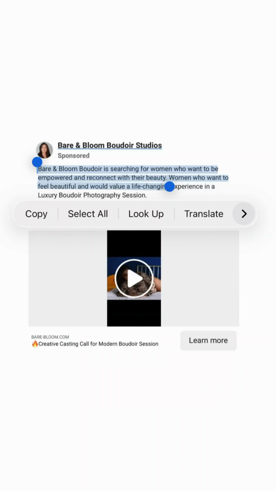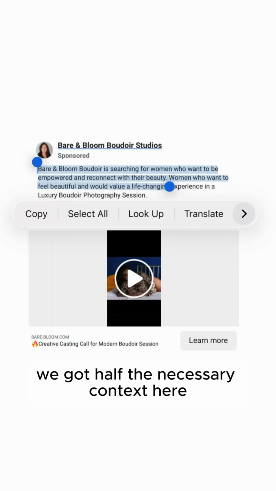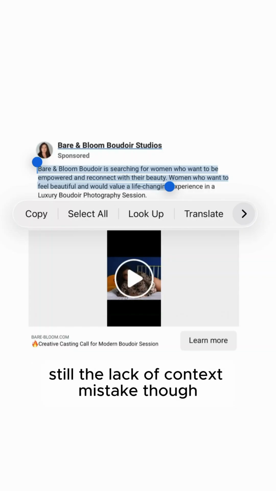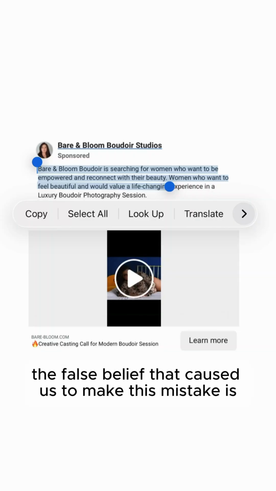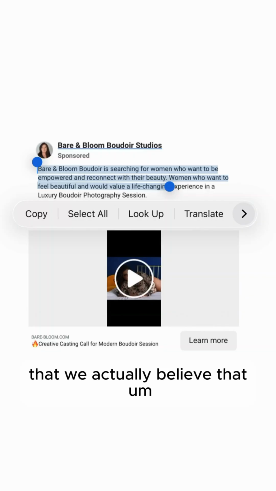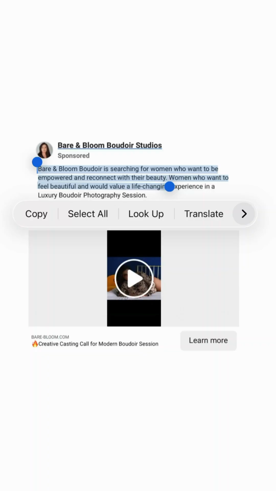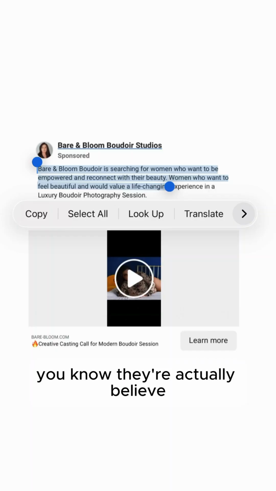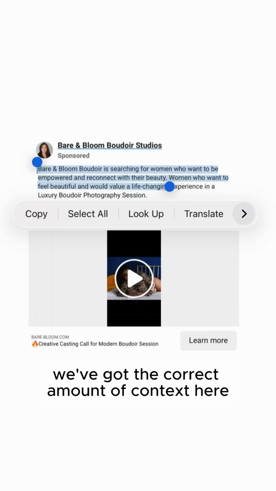All right, so yeah, we got half the necessary context here. Still the lack of context mistake though. The false belief that caused us to make this mistake is that we believe we've got the correct amount of context here.